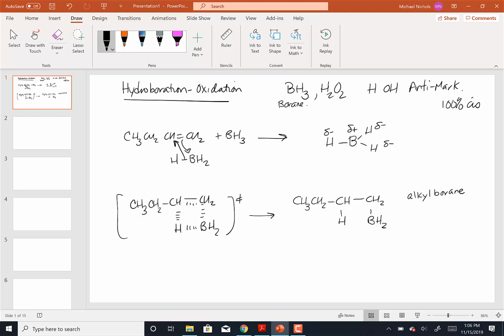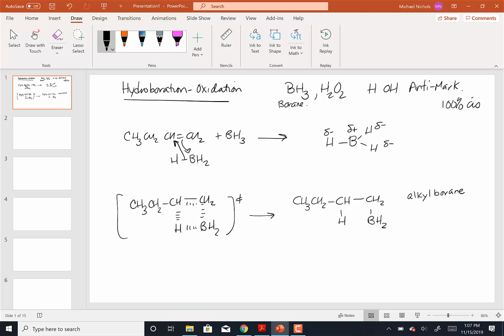The second step in the mechanism is the peroxide. The hydrogen peroxide is going to come in and replace the BH2 with an OH in exactly the same spot that the BH2 was added. This square transition state sets up the stereochemistry of 100% cis addition.